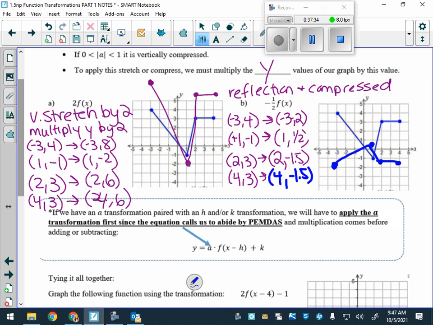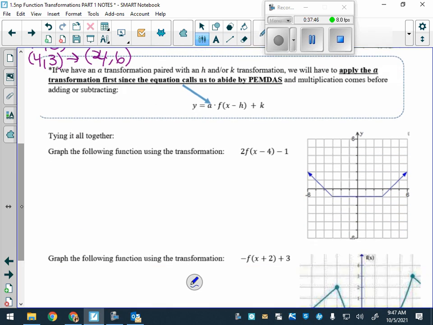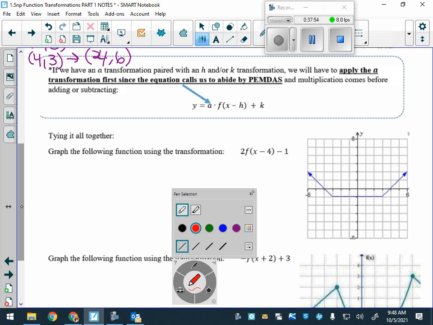So what do you do if you have multiple things happening? These are the last two things today. What do you do when you have multiple things happening to our y values? You have to remember PEMDAS, where if you have an A and a K, the A has to happen first.